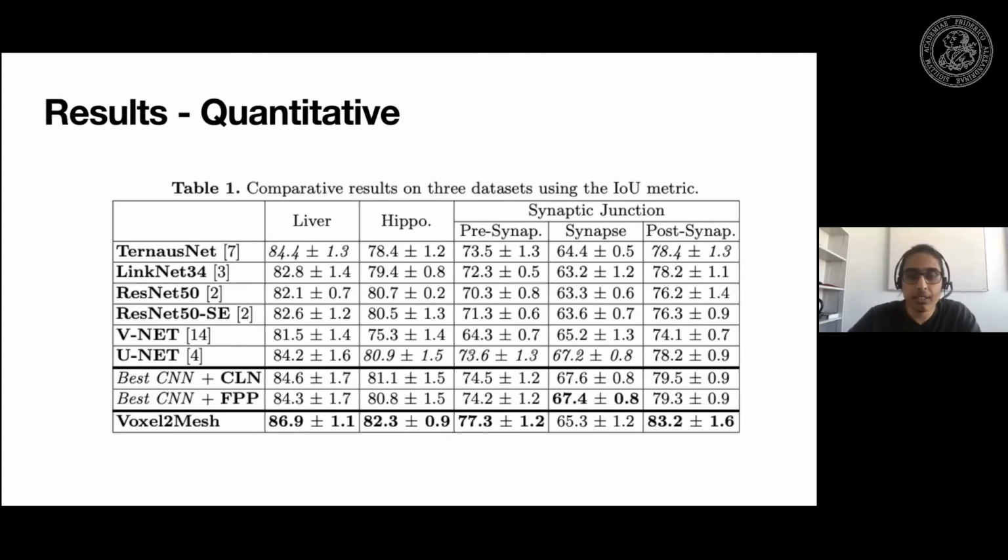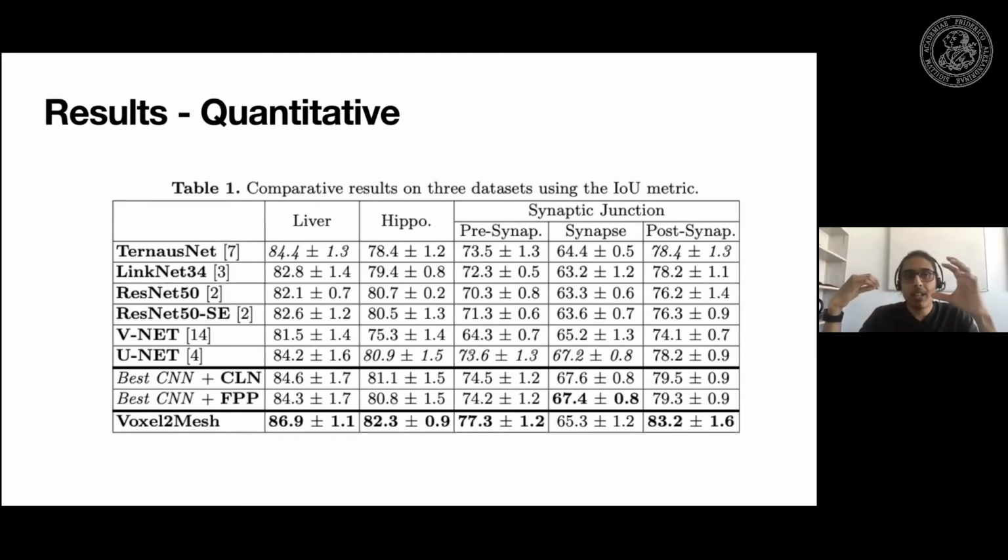One thing to note here is that I'm using intersection over union as the metric, but Voxel2Mesh is outputting a mesh. So how do I do this evaluation? I have also implemented a voxel mesh rasterization algorithm, the standard mesh rasterizer on GPU.